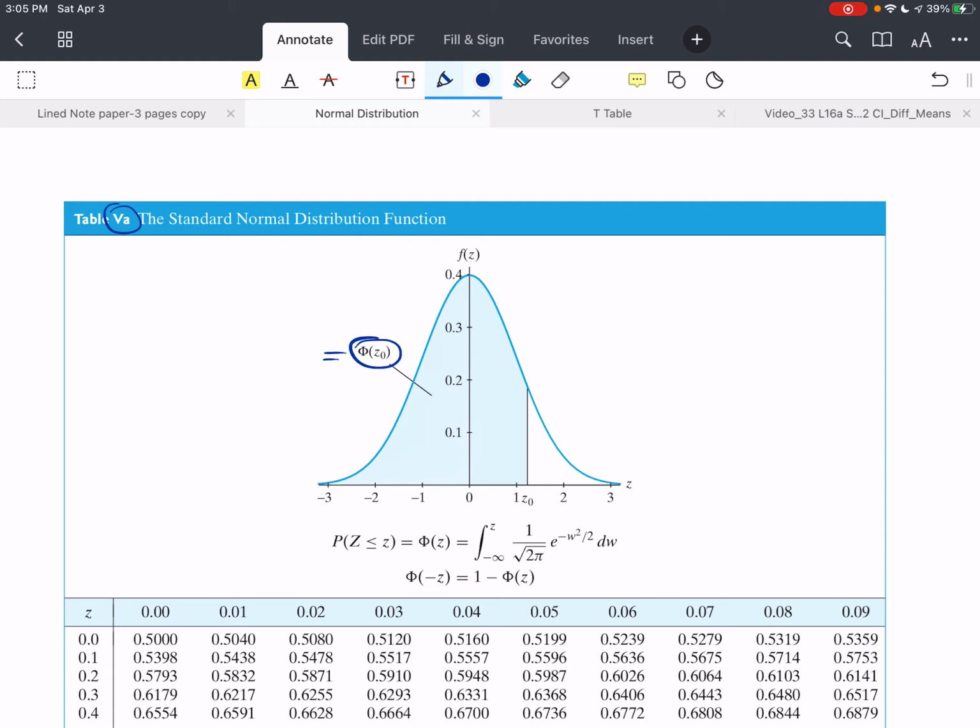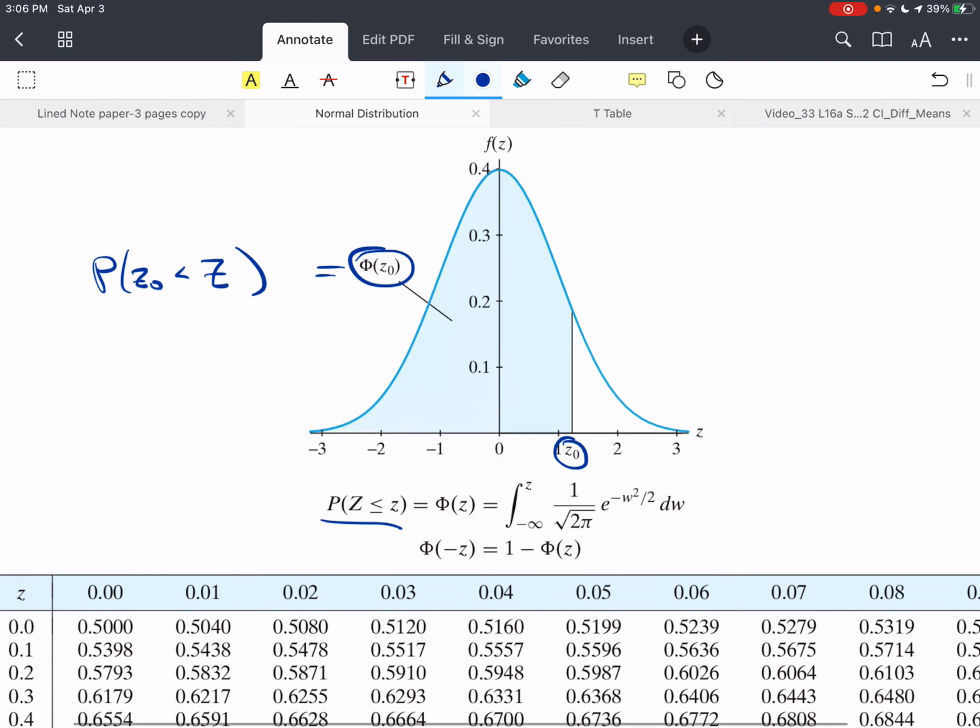This is the probability that z is less than z naught, which is equal to phi of z naught, because phi goes with the standard normal.